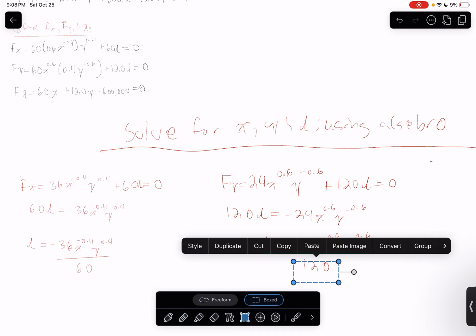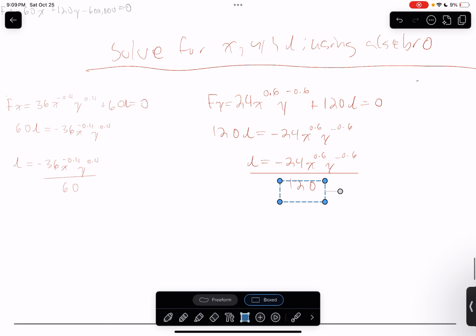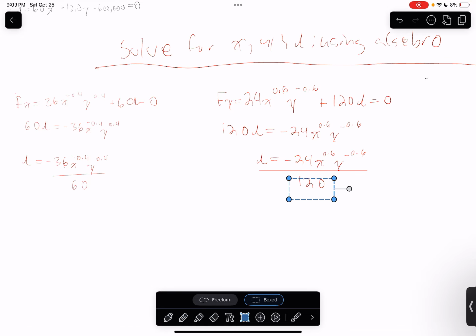Woof! A lot of work. So if you guys notice, we have a situation where both lambdas are equal to the same equation. And I want you guys to kind of think about what that means. That means that we have two equations that equal each other.